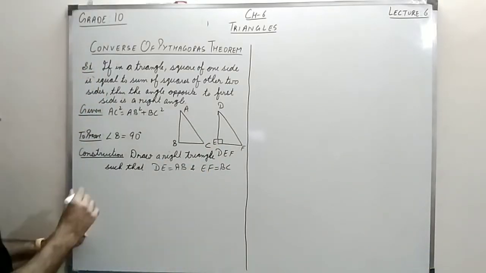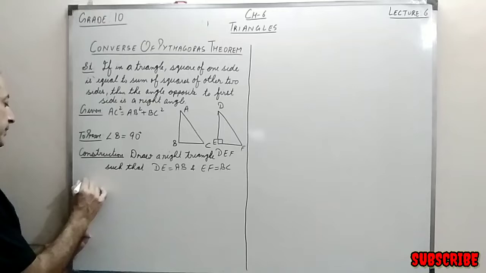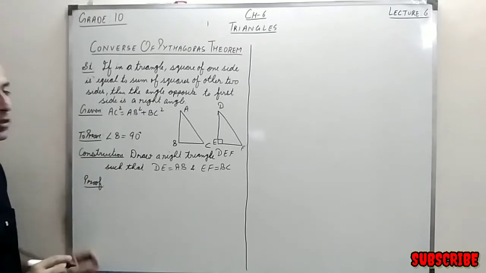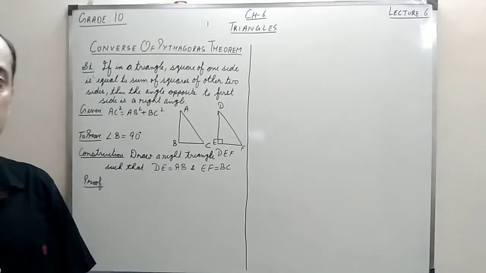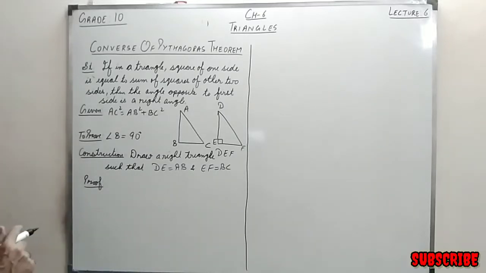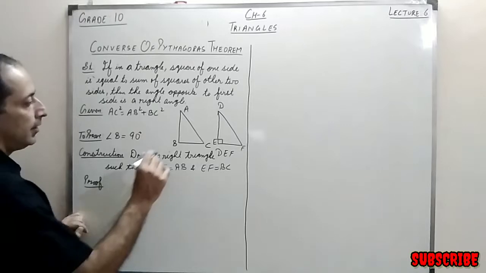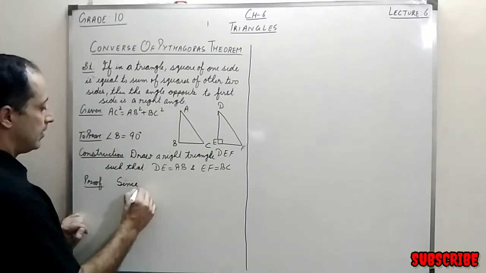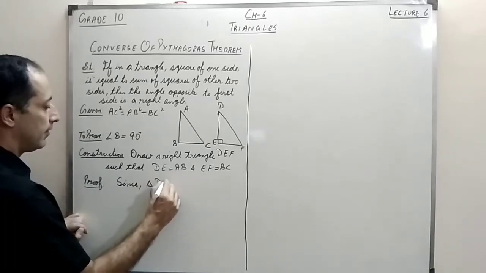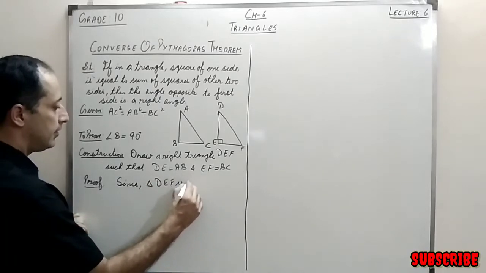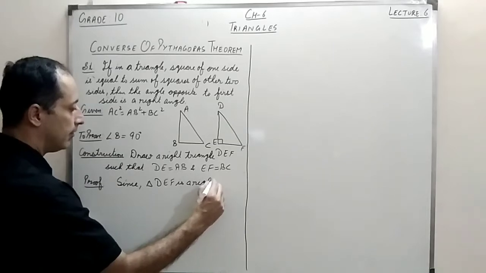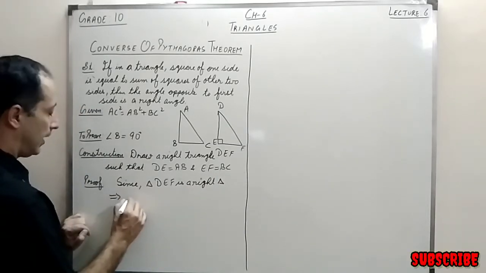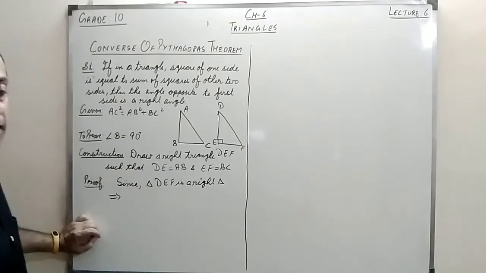Right? Now here, in the previous, when we talked about the Pythagoras theorem, we have used similarity of triangles. Here we will be using congruency of the triangle. So let's see how. Now, since triangle DEF is a right triangle, I can apply the Pythagoras theorem here.